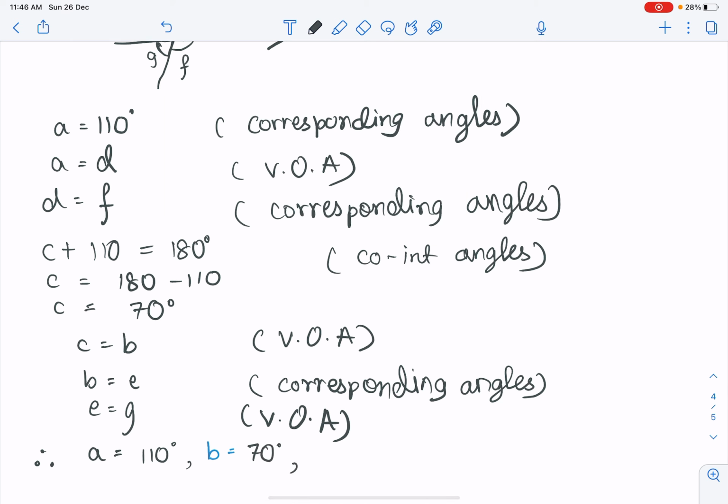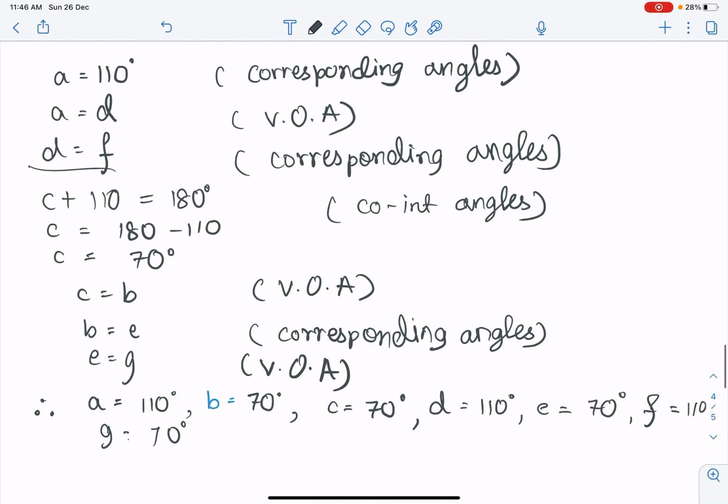C is equal to 70 degrees again. What is D equal to? D is equal to 110. E is equal to 70 degrees, we have got. F is equal to 110 degrees, we have got. G is equal to 70 degrees. This is how you will do it.